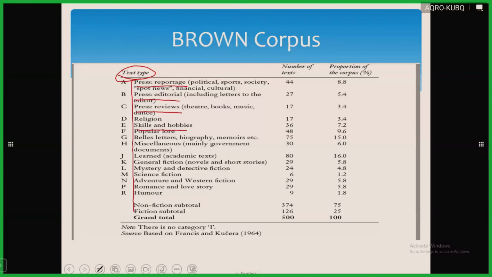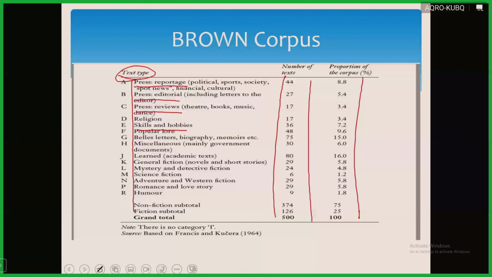So these are the different genres. If we look at the next column, you can see the number of texts, and clearly the numbers of texts are not equal.